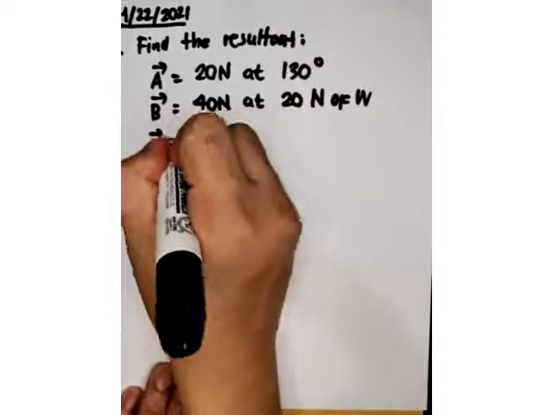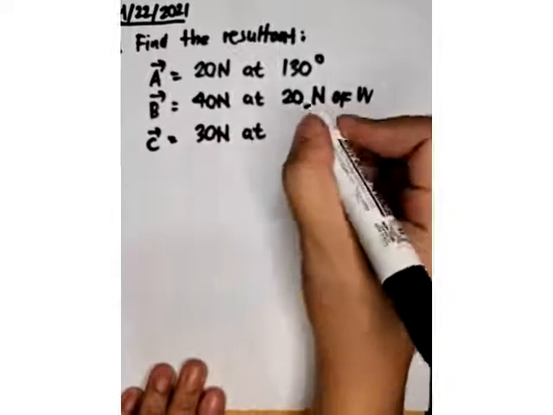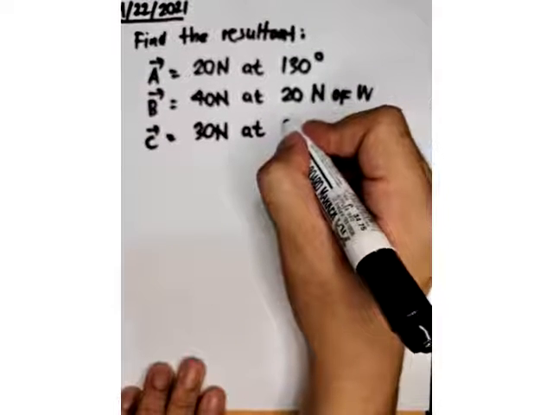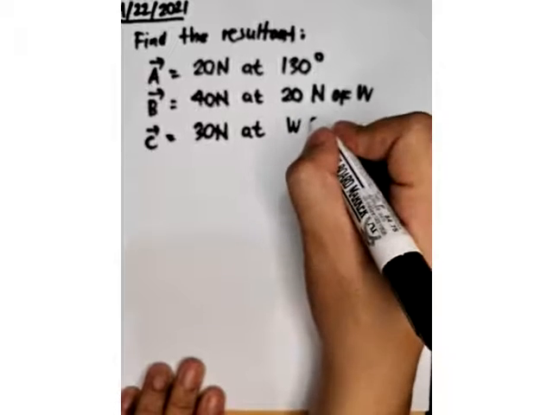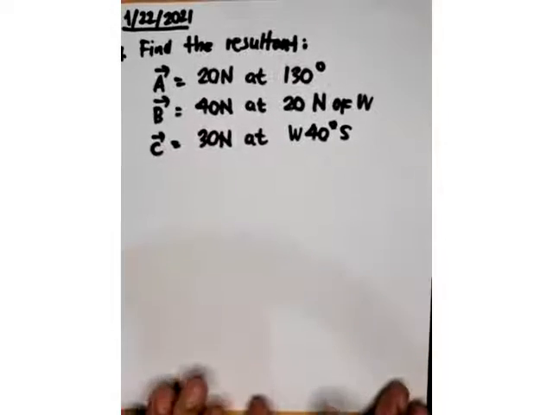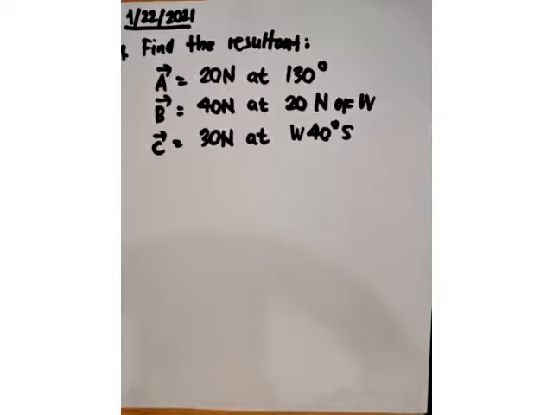And then C, 30 newtons at west 40 degrees south. Ayan. Okay, so we are given three vectors, and we want to find the resultant of these three vectors.